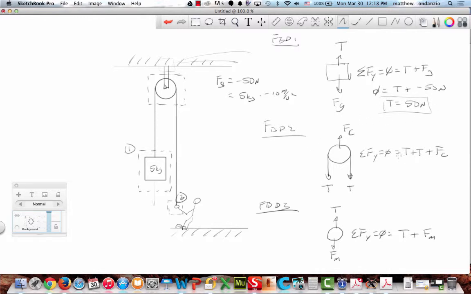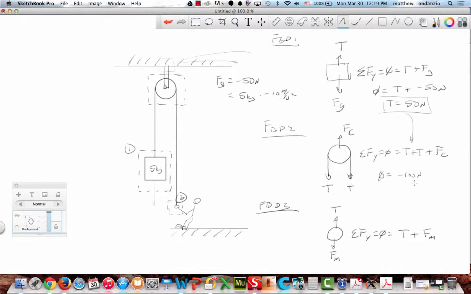Is this T the same as these two T's in the next one? Yes. So now you say 0 equals 2T times 50, and it's negative, right? So negative 100 newtons. Does everyone see where I got that? If I put T as 50 newtons in here, but in this case T is negative, it's negative 50 plus negative 50, which is negative 100.